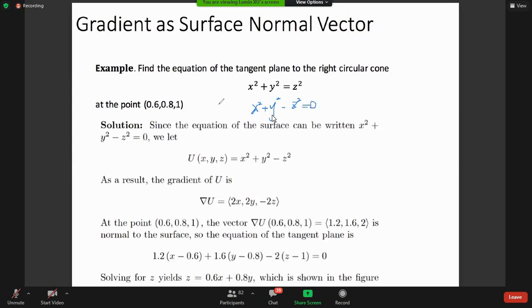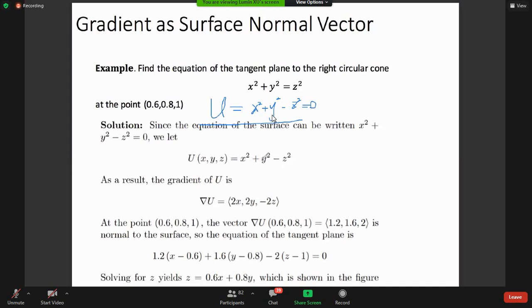And if we define it as a function u, then its function equals a constant, then we can easily find its plane, right?